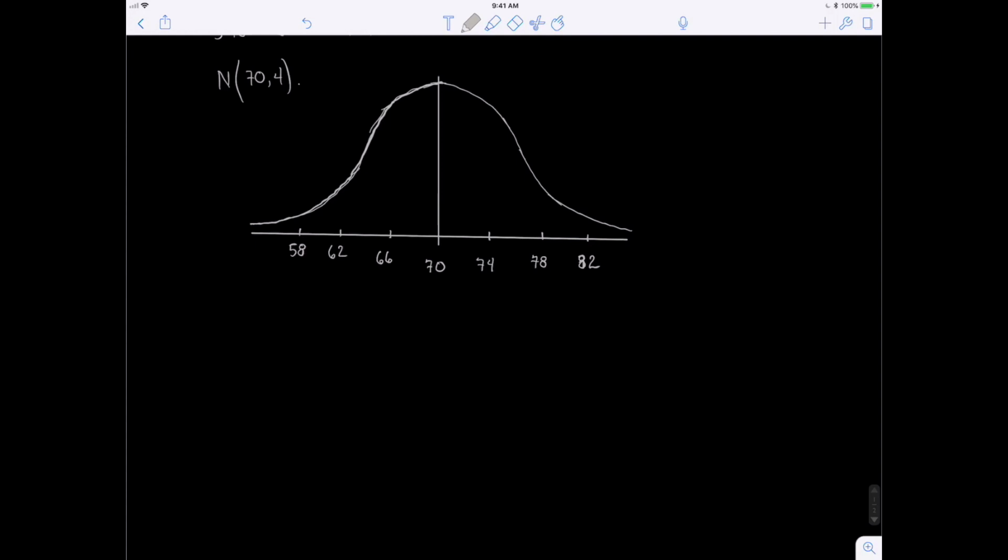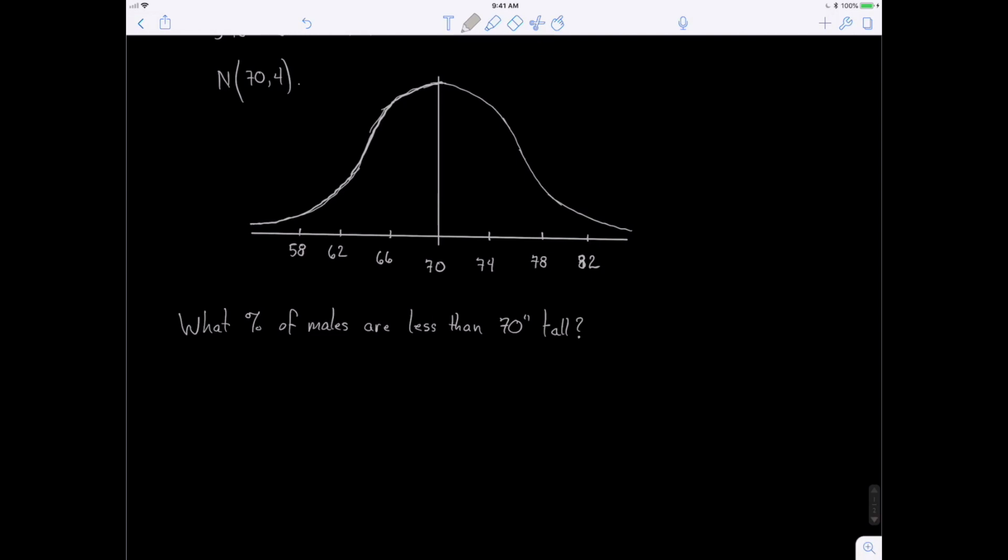So let's use our picture and tackle a few questions. The first one is: what percent of males are less than 70 inches tall?